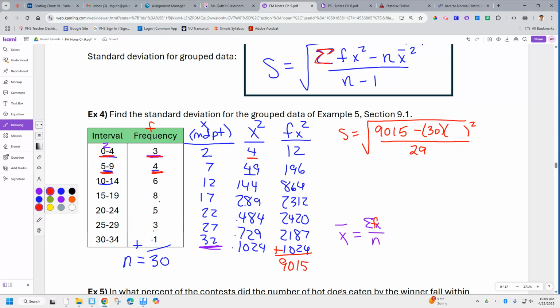So we actually need another column because we haven't done f times x yet. F times x, let's do it over here. 3 times 2 is 6, and 4 times 7 is 28, and 6 times 12 is 72, 8 times 17 is 136, 5 times 22 is 110, 3 times 27 is 81, and 1 times 32 is 32.